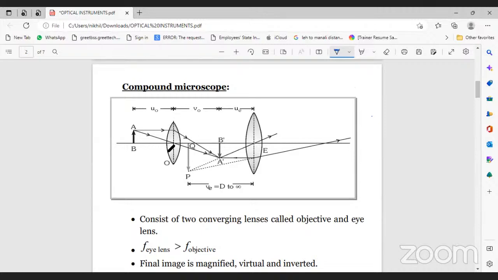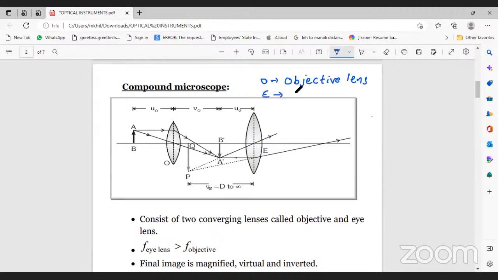This O is called an objective lens and this E is called an eyepiece. So what does O stand for? Objective. Yes, it is an objective lens, and it is of lesser focal length.